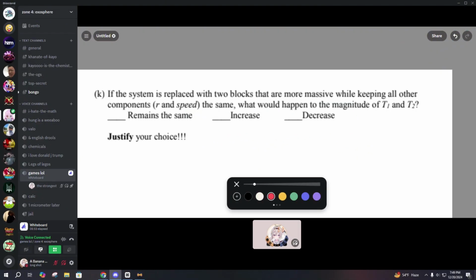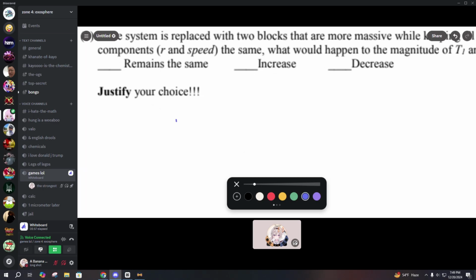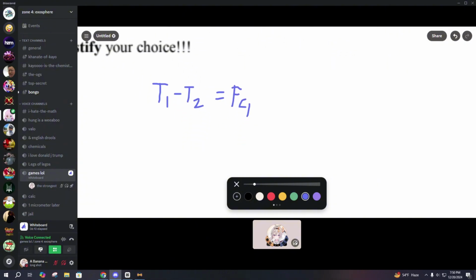Okay, part K. So, as I established earlier, T1 minus T2, which is the forces acting on the same plane, the inward directions, on mass 1, is equal to FC1, right? And I know that T2, the force acting in the inwards direction on that plane for mass 2, is simply equal to FC2.